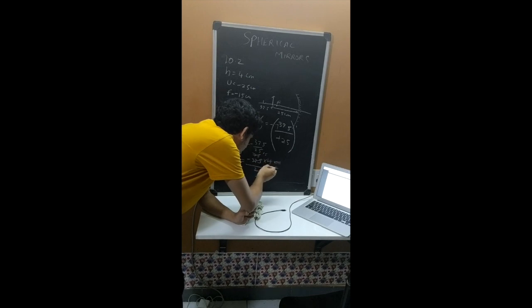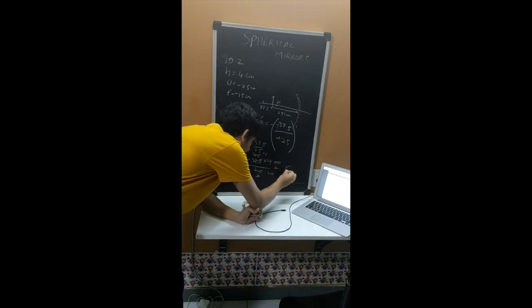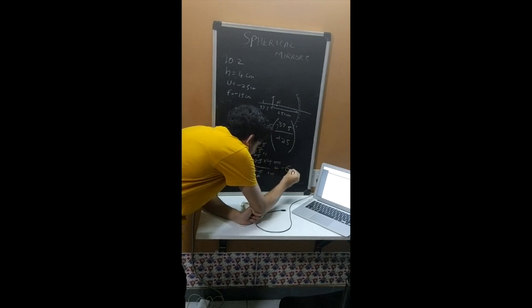So 15 4s are 60, by 10 is 6. Correct. It is equal to minus 6.